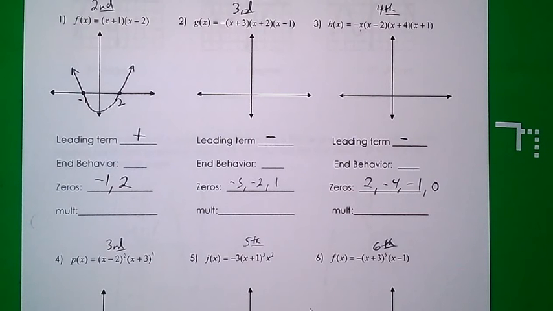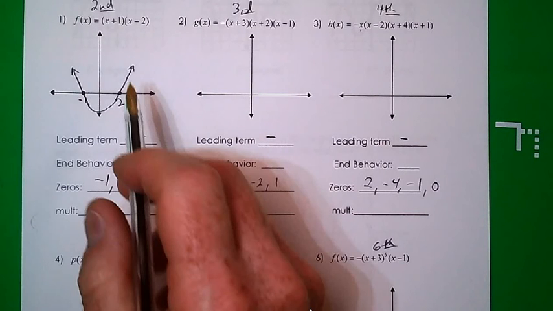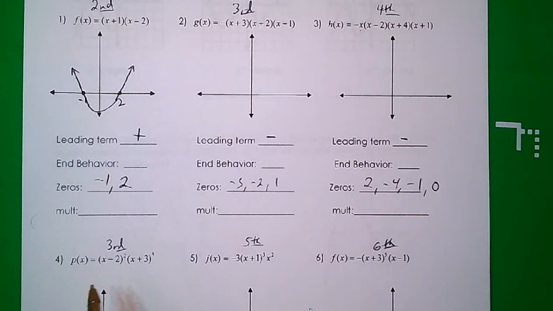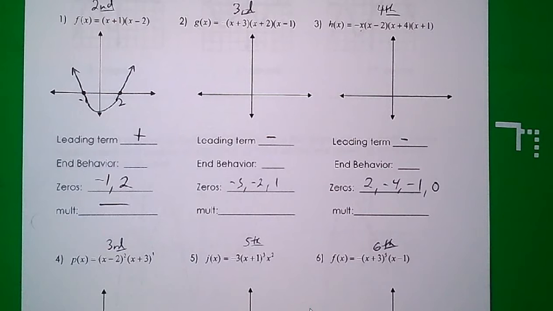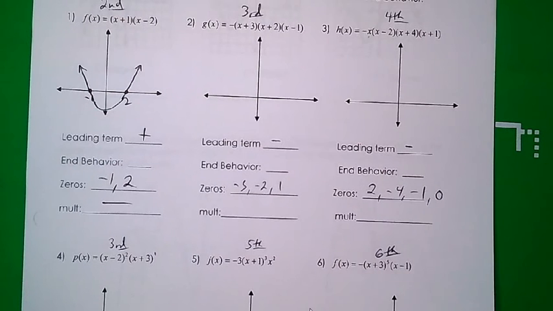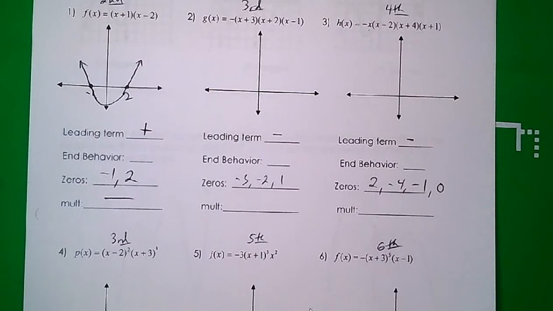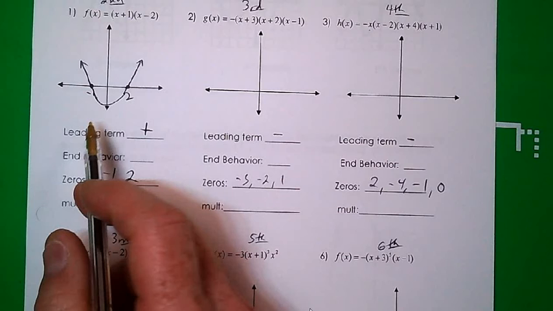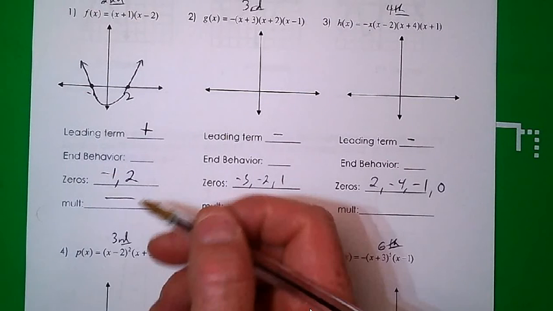So, the direction said if our multiplicity was other than 1, we needed to write it. Well, we don't have multiplicity other than 1 in this one. So, don't write anything. Now, end behavior. The end behavior is what's happening at the ends. So, here's how we describe end behavior. We say, as x approaches, we draw a little arrow.